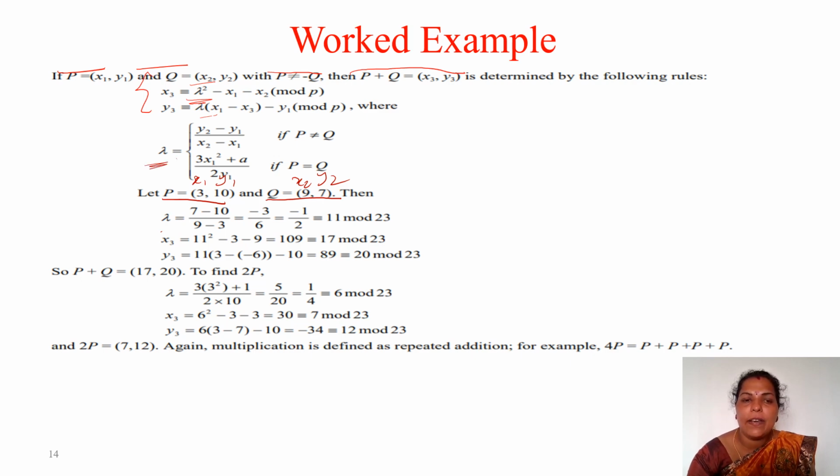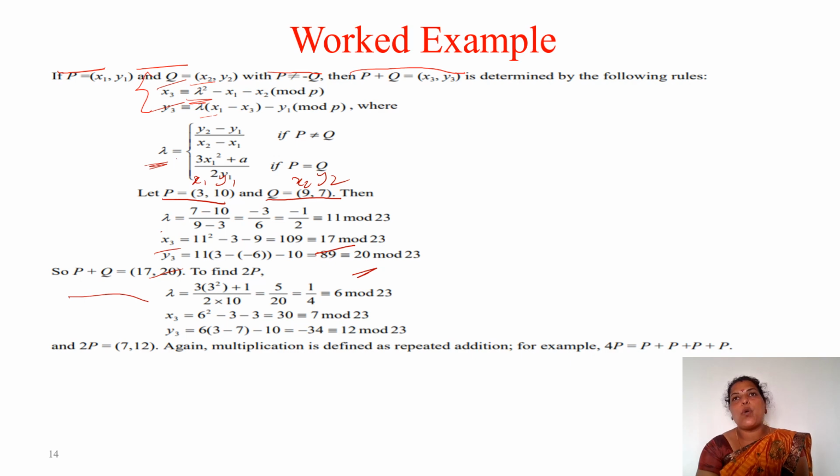Then using the lambda value, we compute x3 and y3, and we get 17 mod 23 and 20 mod 23. Since P plus Q equals (x3, y3), P plus Q equals (17, 20). This way we get the value.